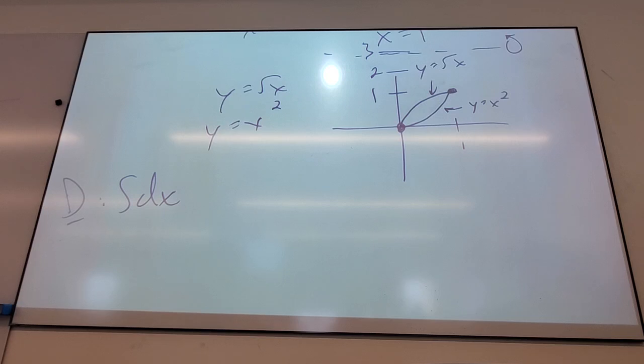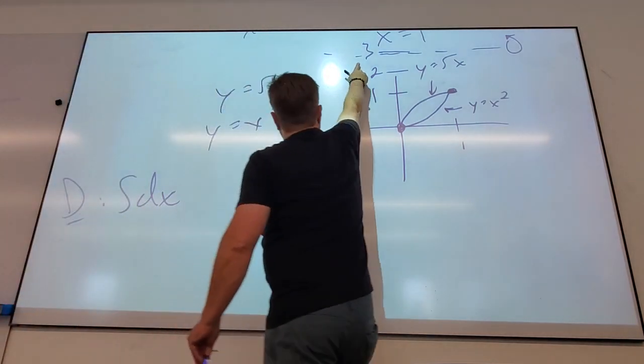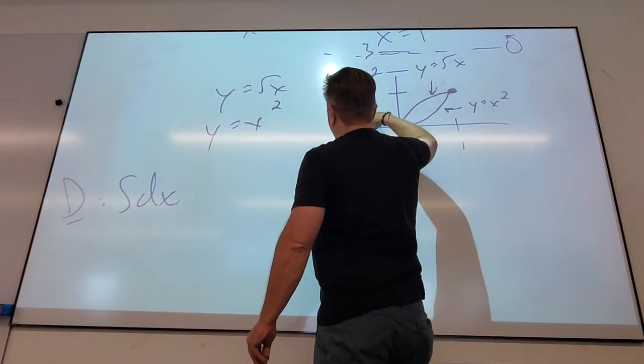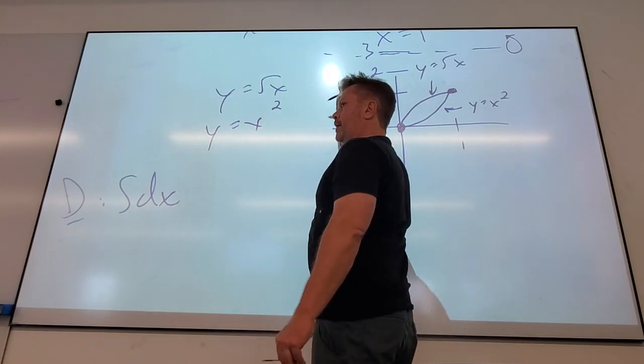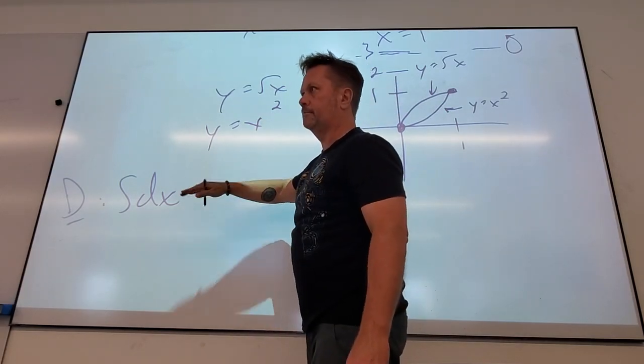So is everybody cool with the fact that part of this wants me to use x's? If I use x's, that's discs. Is that cool? How did I know that? Whatever my axis is, if it's parallel to the x, discs needs dx. If it's parallel to the y, discs needs dy.